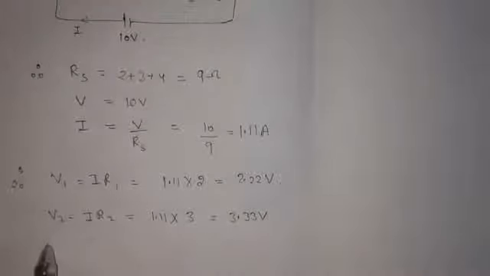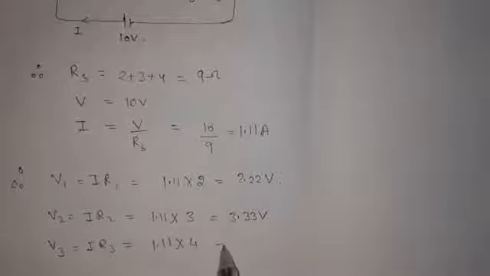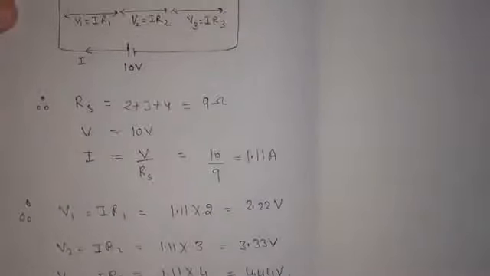And V3 is IR3, which is 1.11 into 4, which is 4.44 volt. Okay, so this is the answer to this very first question.